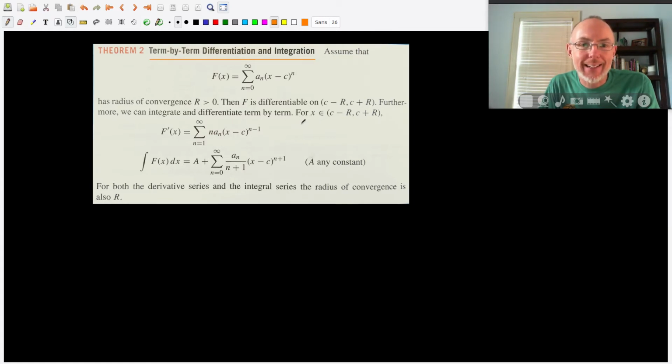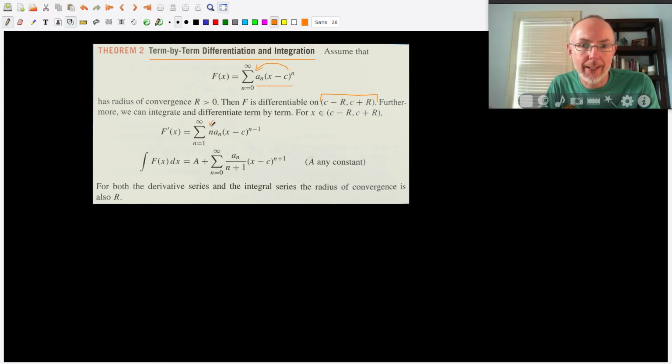And what it's telling us is if a power series is differentiable within a certain radius of convergence, again, this is a radius of convergence R centered on the center C, then you can integrate and differentiate term-wise. In other words, you can differentiate every term. So if this is the nth term, the derivative of the nth term is going to bring the n down.